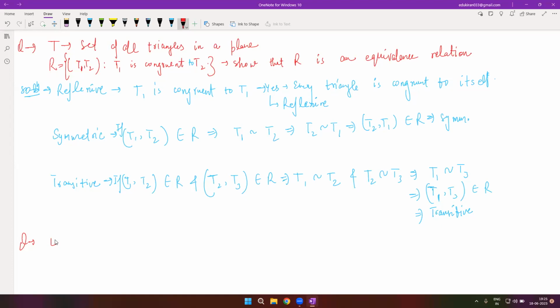So L is our set of all lines in a plane. And then we are forming two relations on this set L. First is whatever is written in example 3, that the relation R satisfies L1, L2, in which L1 is perpendicular to L2.